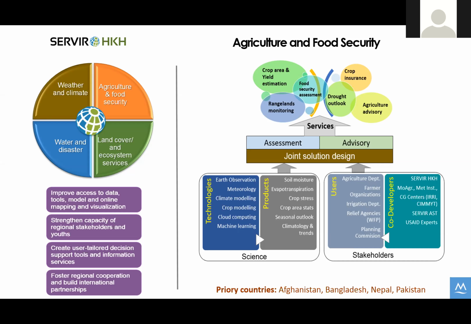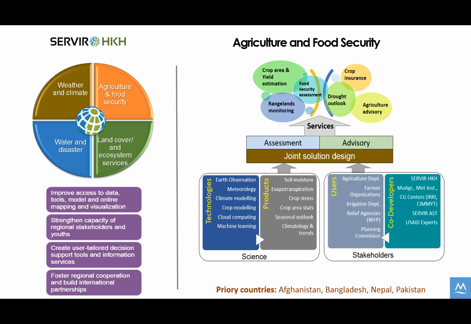So our aim under this SERVIR HKH is to improve access to data, tools, and models for the scientific community, strengthen the capacity of national agencies in use of Earth observation data systems, and also create some sort of tailored decision-making tools so they can be easily used by decision makers, so they do not have to go through laborious data processing.